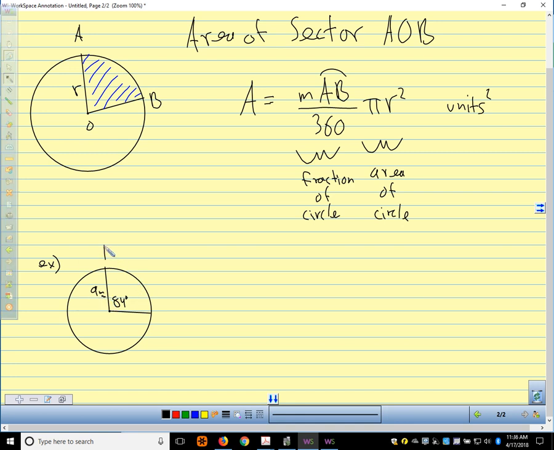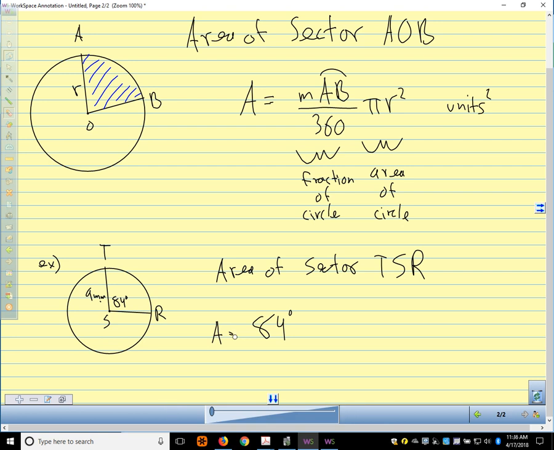And I'm going to call this TSR. We want to find the area of sector TSR. Well, the area is the fraction of the circle that it takes up. So our area is going to be 84 degrees over 360 degrees. That tells us what fraction that takes up, times the area of the circle, times pi times 9 squared.